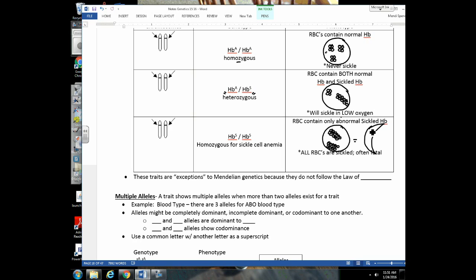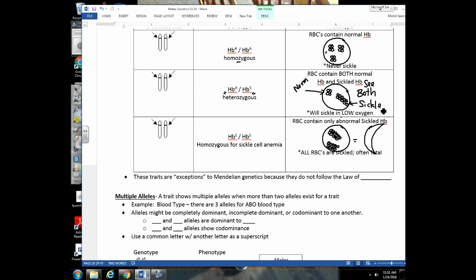So again, this is a little bit different than I know how you were probably taught in your previous class. But this trait does show codominance, because if you're homozygous for normal, all you have is normal. If you're heterozygous, you see both. You see both types of protein. You see the normal, and you see the hemoglobin that leads to the sickle shape.